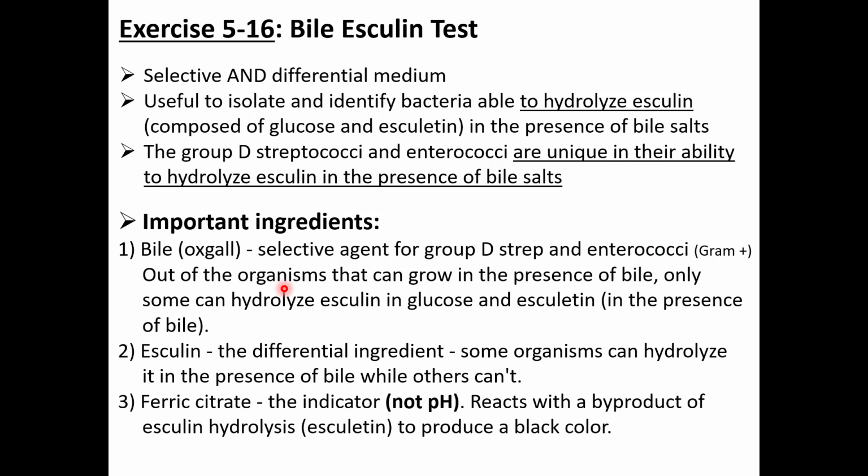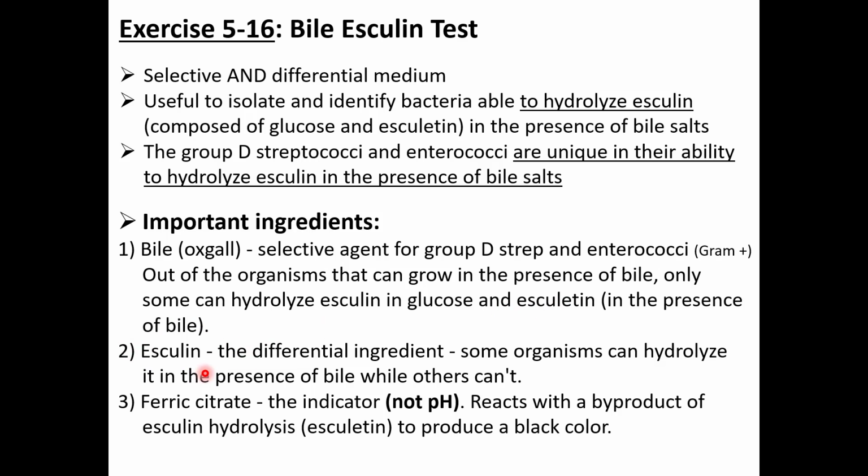Now, out of those organisms that can actually grow in the presence of bile, only a few can actually break down esculin into glucose and esculetin in the presence of that compound. Because that's the whole idea. It's not just be there, but be there and also break down this compound, which is going to be esculin.